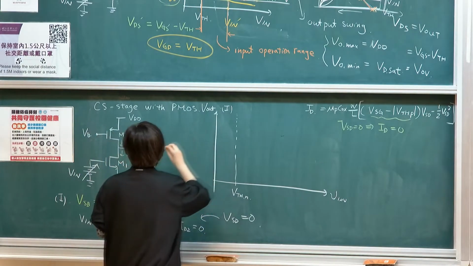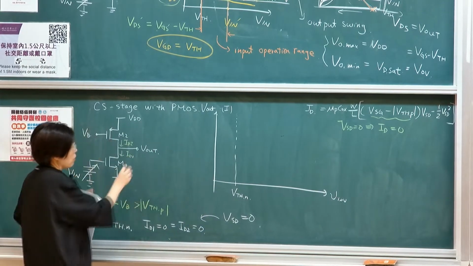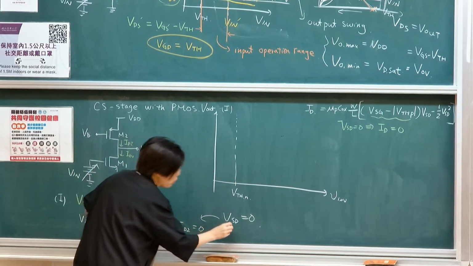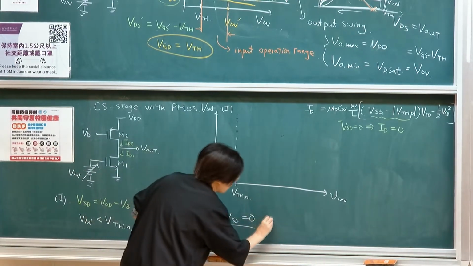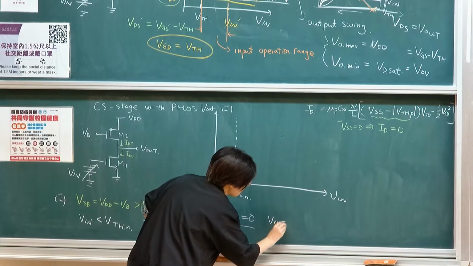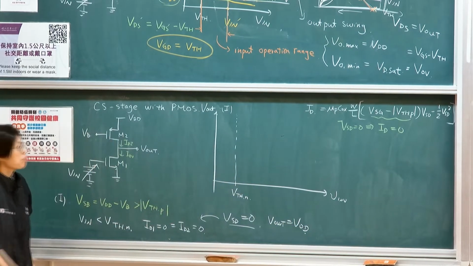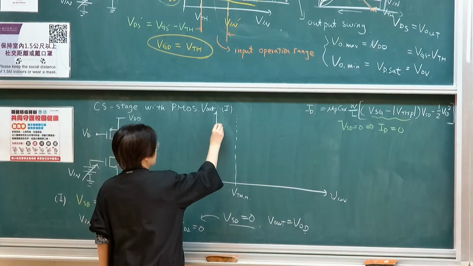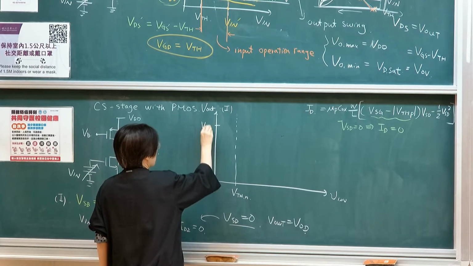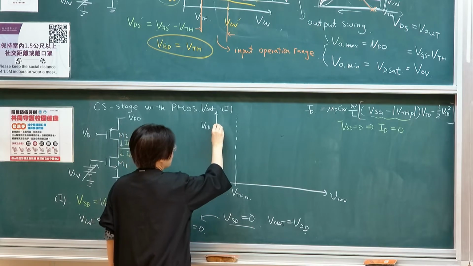So that is to say that VSD equals 0. So at this point, we know VSD equals 0, therefore your output level equals VDD, right? So you're starting at VDD when this transistor is off.